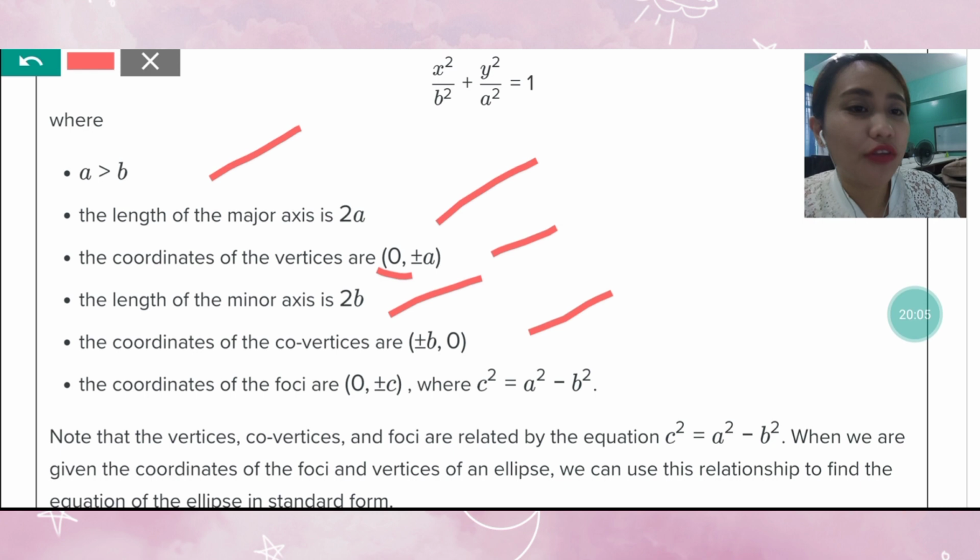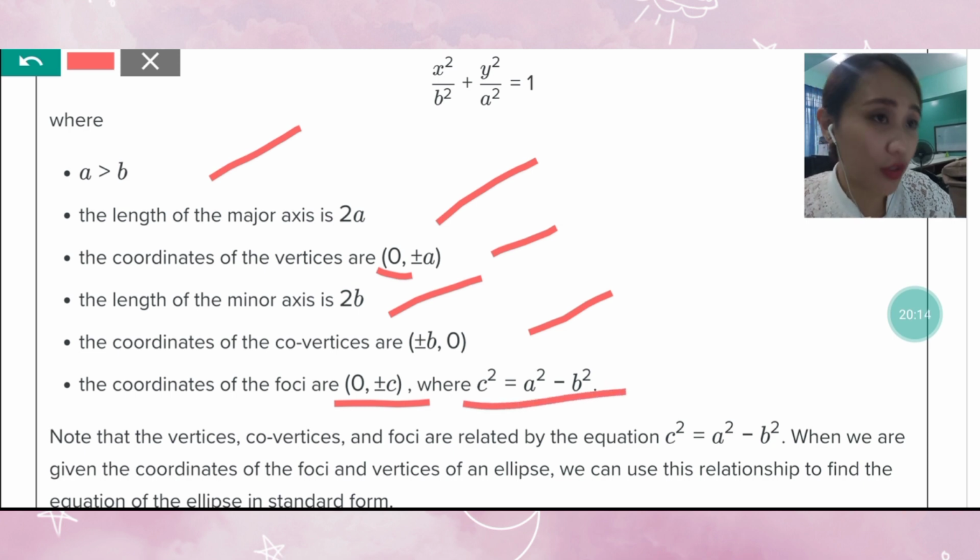The coordinates of the foci are 0, positive, negative c. We still use the same formula to determine the foci: c squared is equal to a squared minus b squared. Take note that the vertices, co-vertices, and foci are related by the equation c squared equals a squared minus b squared. When we are given the coordinates of the foci and vertices of an ellipse, we can use this relationship to find the equation of the ellipse in standard form.